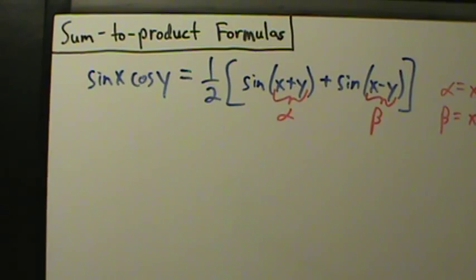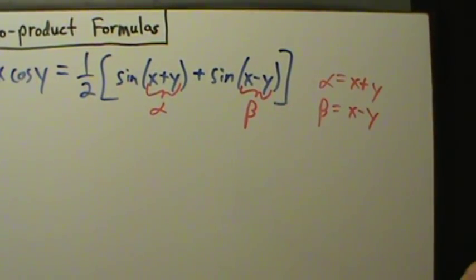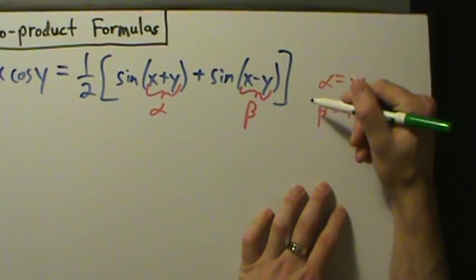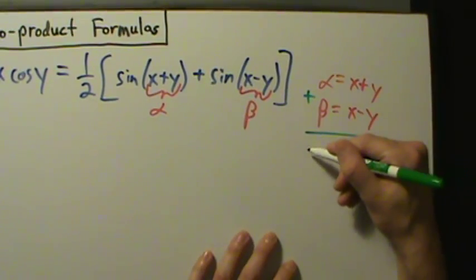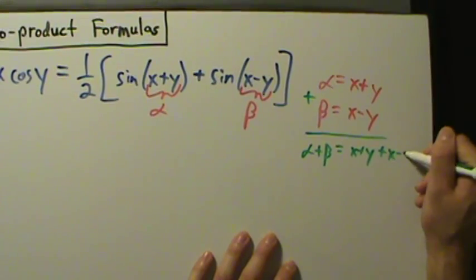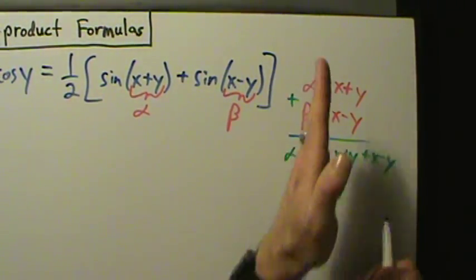Now there are a lot of different ways to solve this system of two equations, but it's fairly simple. We can just add both equations. So alpha plus beta equals x plus y plus x minus y. Add up the left-hand sides and separately add up the right-hand sides.